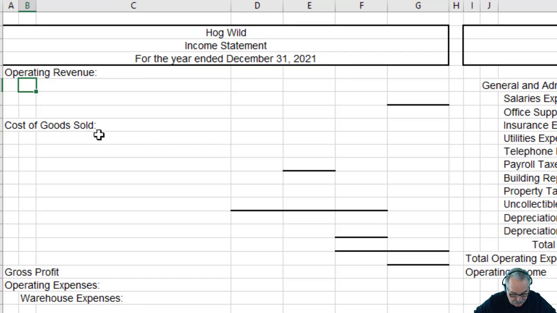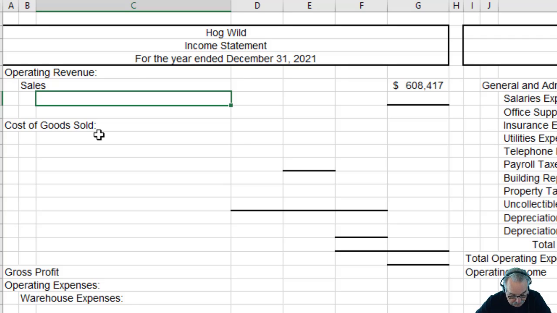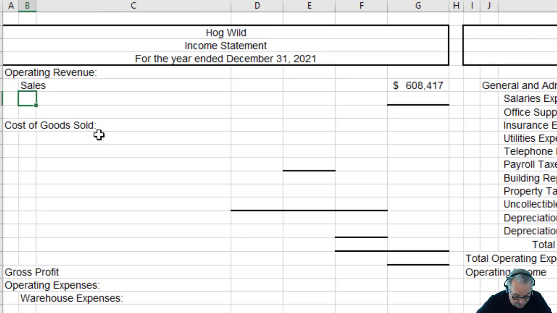Always start with revenue, and in a merchandising company, that's called sales. Sales is $608,417. But we also had some sales returns. So we're going to say less sales returns and allowances, and that is $9,400.